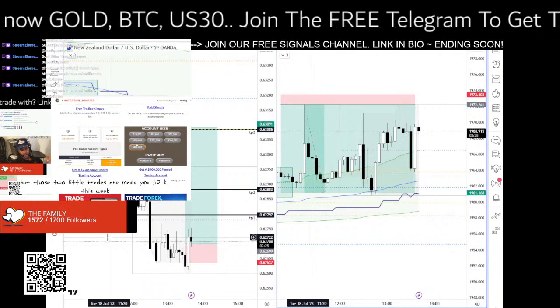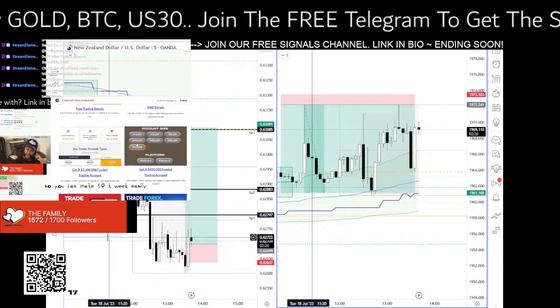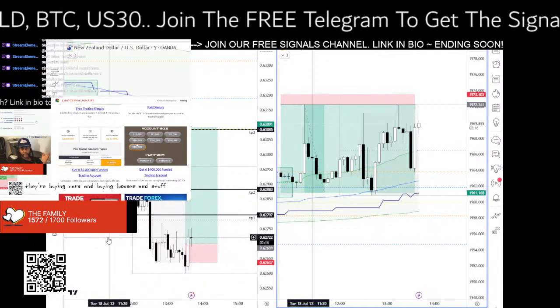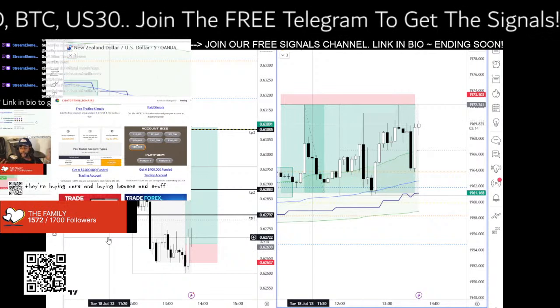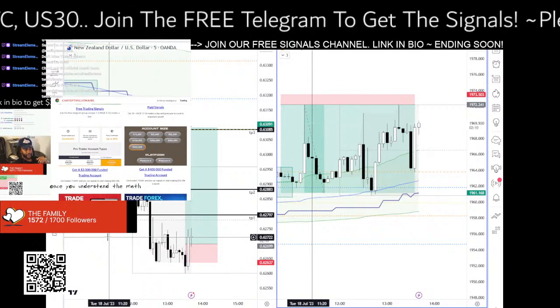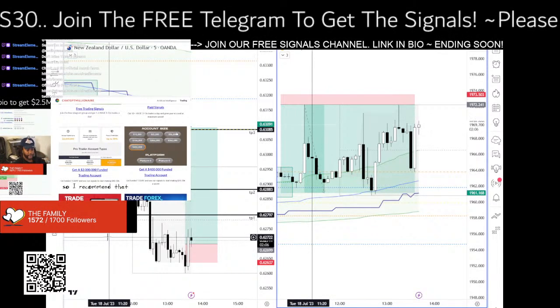But those 2 little trades would have made you 50K this week. So you can make 50K a week easily. That's how traders make 50K a week, 60K a week. They're buying cars, buying houses and stuff. The trading lifestyle is very lucrative once you understand the math and you know how to make it pay for itself. So I recommend that.